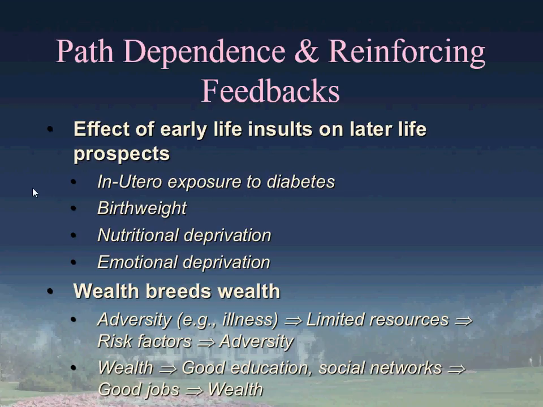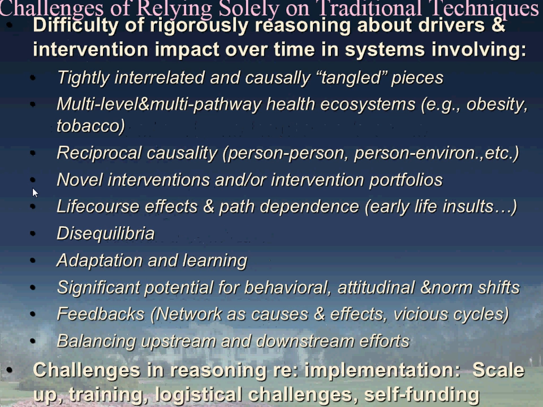And we know that in many contexts, these effects of path dependence, where what happens to me early on makes a huge difference in my trajectory, are not limited to chronic diseases, but in fact are seen throughout health.